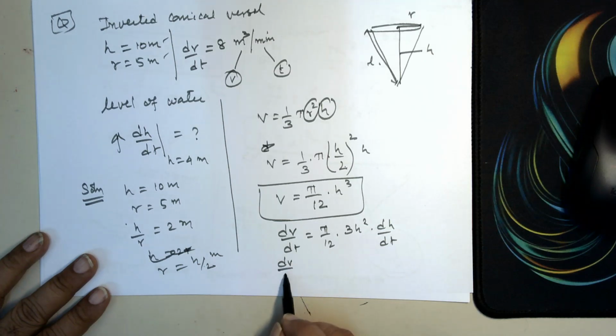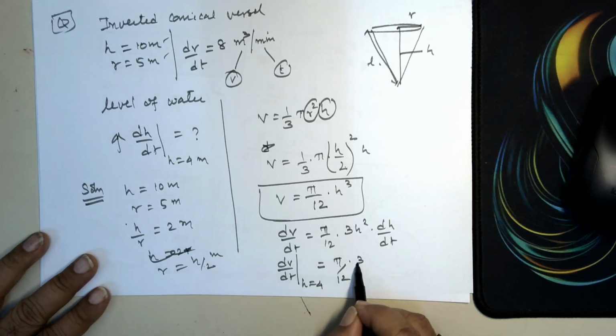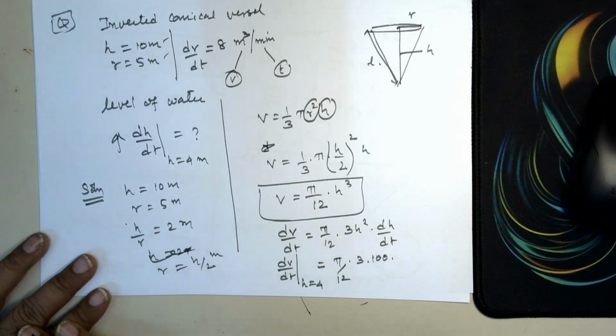Now dV by dt at h equal to 4 meter depth. So pi by 12 into 3 into, what is the value, 10 squared means 100, into dh by dt, that we had to find.